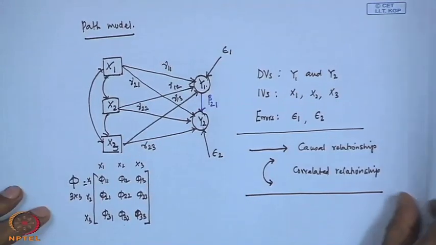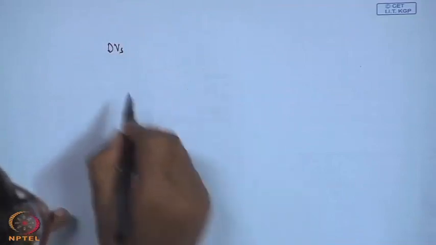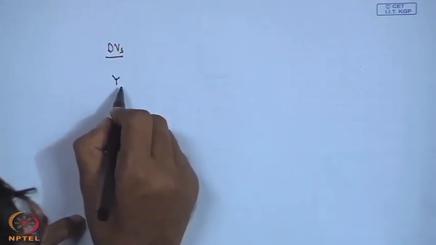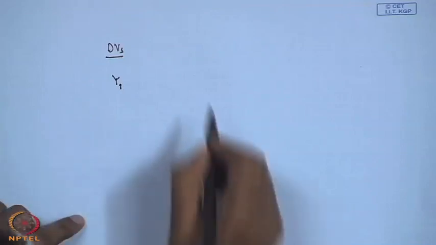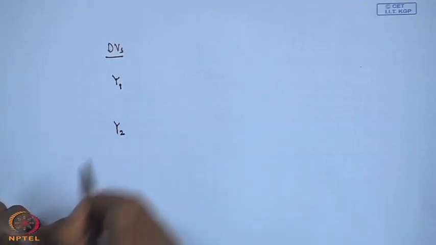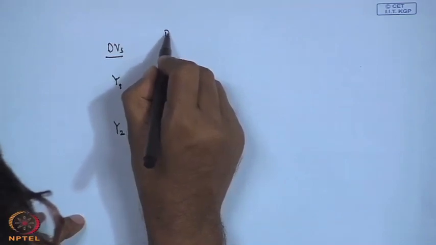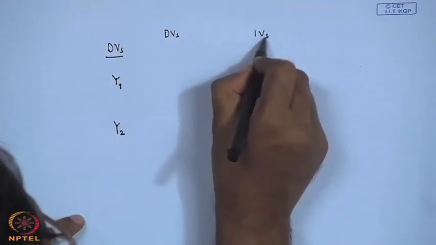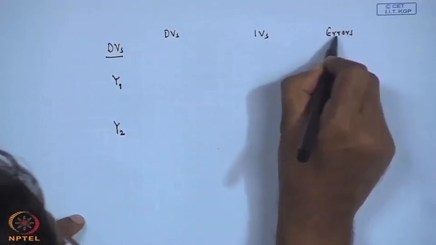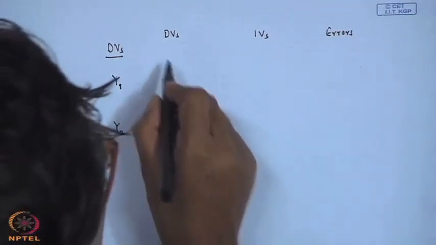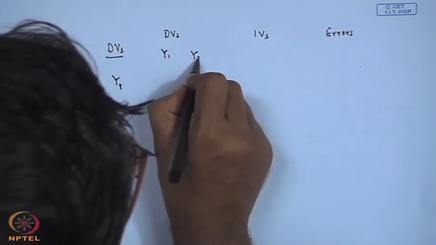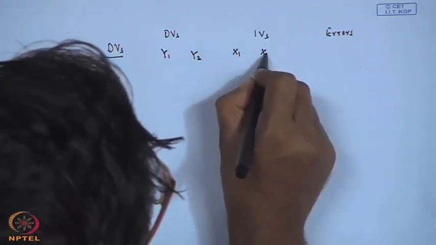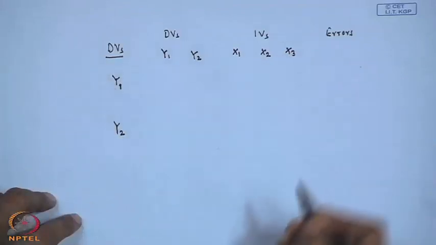Okay. Now, if you want to write down the equations for this, straight away we can write, on one side my DVs, y1 and definitely y2. This side you can write IVs and errors. How many DVs are there? Two DVs, y1 and y2, and x1, x2, x3. Then error definitely.